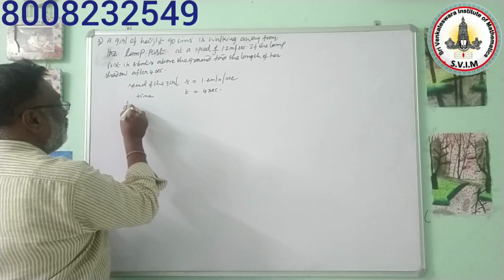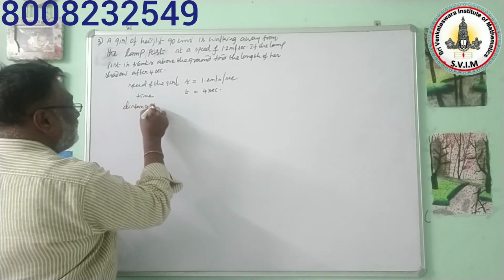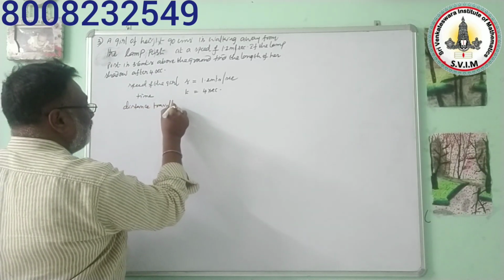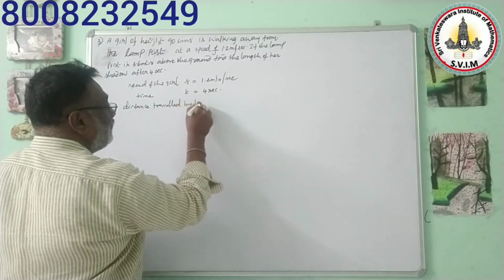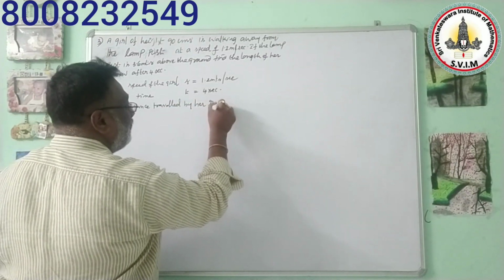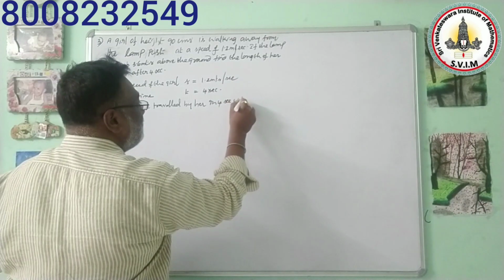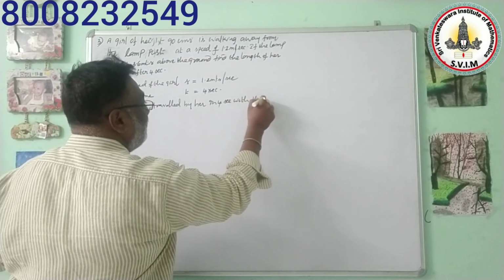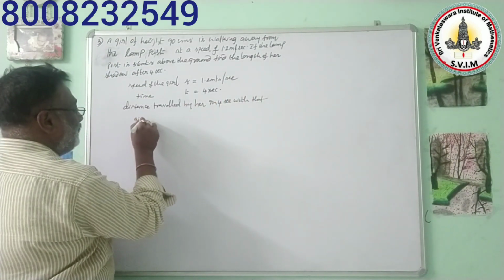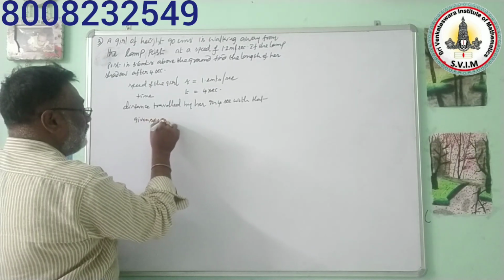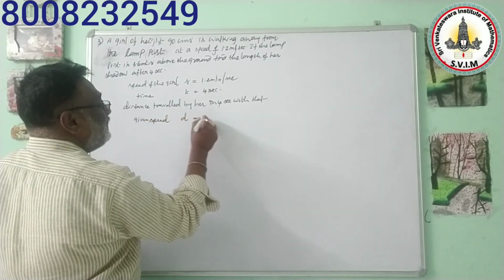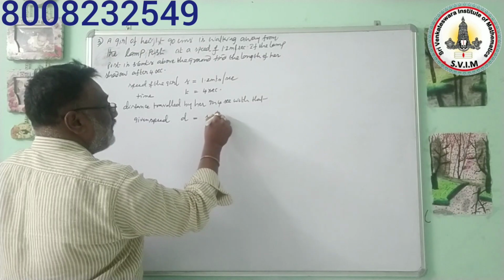Next, the distance traveled by her in 4 seconds with that given speed: d is equal to speed into time.